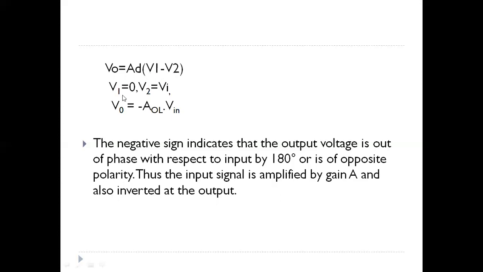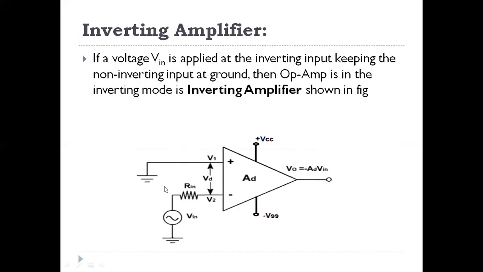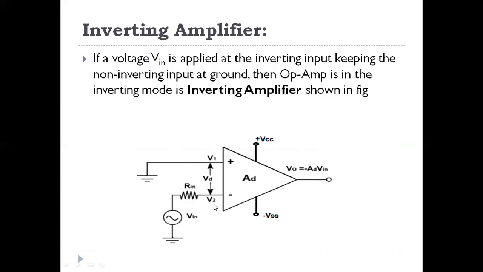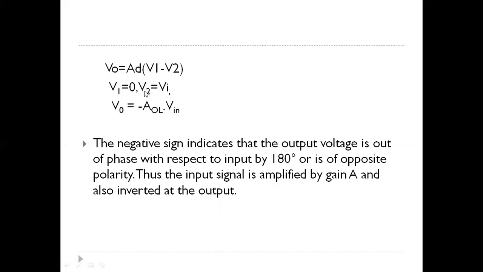So what is V1? V1 is equal to 0 from the figure, because it is connected to ground, and V2 is equal to Vi or Vin. If you substitute these two values in the above equation, then the output voltage V0 is equal to AOL into (0 minus Vi), that is minus AOL into Vin.